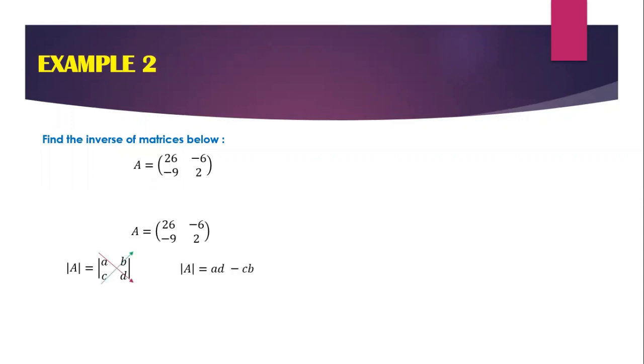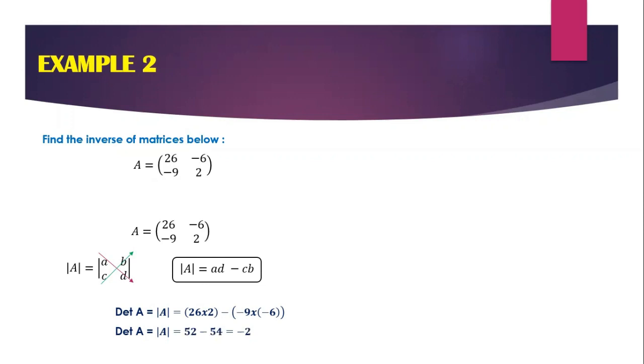So determinant of A is AD minus BC. Determinant A is 2 times 26 minus, open the bracket, minus 9 times minus 6, close the bracket. So determinant of A is 52 minus 54. We got minus 2.